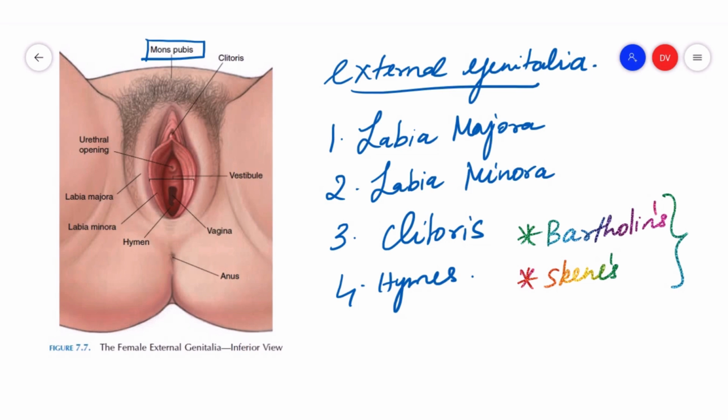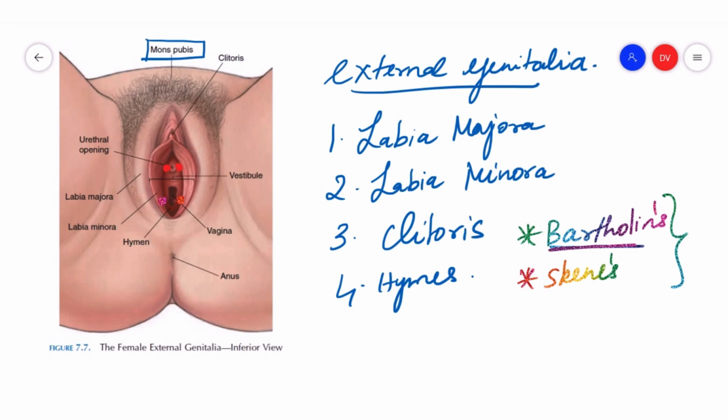The Bartholin's gland is located on either side of the vagina internally. It gives out a fluid which acts as a lubricating fluid. And where is the Skene's gland located? Internally, near the urethra. Both are paired, and that also gives out a fluid which lubricates.